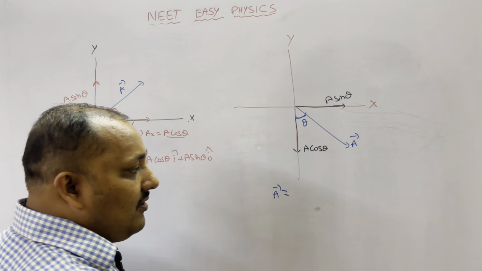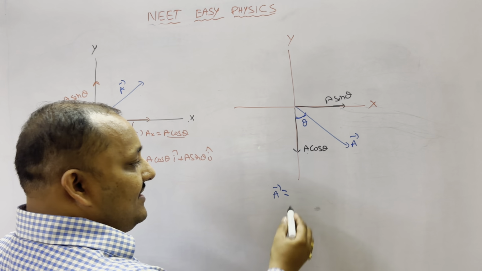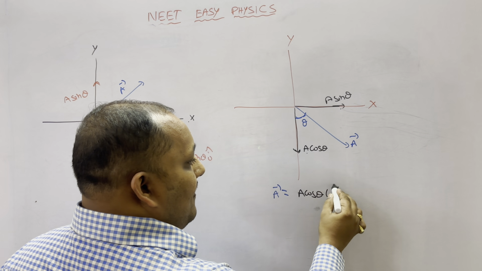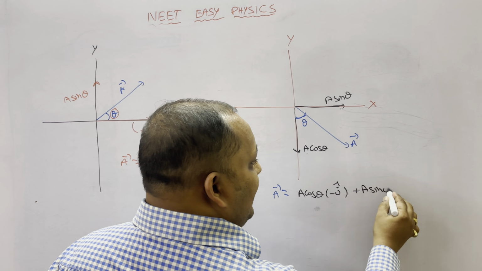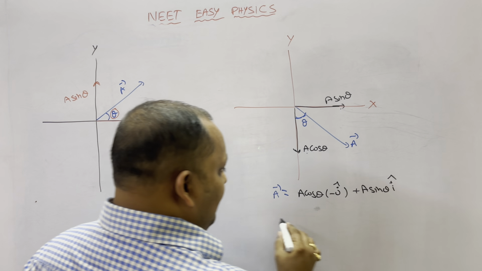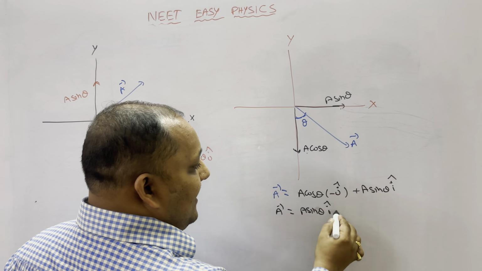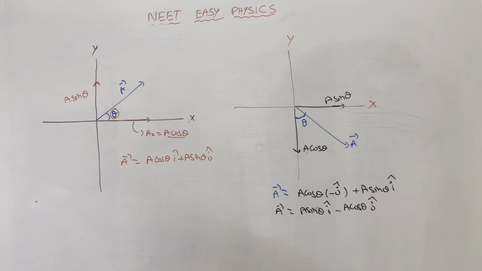That one you can follow blindly. Now, what is the direction of A cos theta? A cos theta is along minus j cap, plus A sin theta i cap. So finally A bar we will write as A sin theta i cap minus A cos theta j cap.